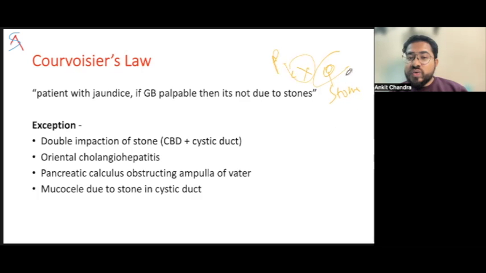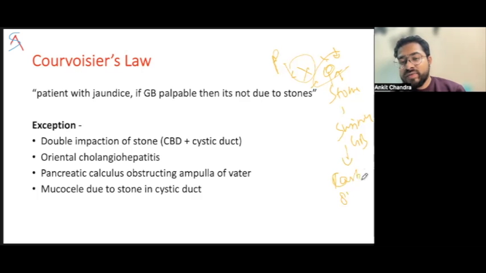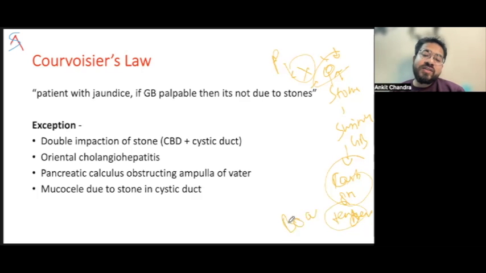Because when stone is there, it will cause fibrosis, meaning the gallbladder will shrink, so it won't be palpable. In case of cholecystitis, the cartilage of the eighth rib will also become tender when you palpate at the back. I already told you, this you can confirm with Boas sign when you look for it.